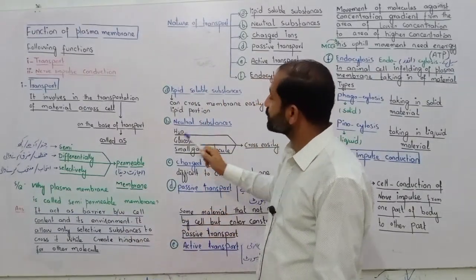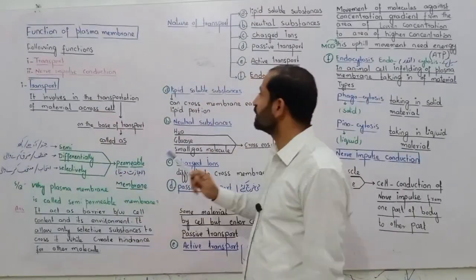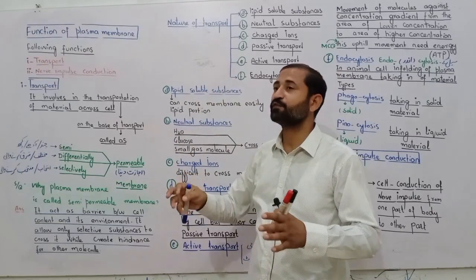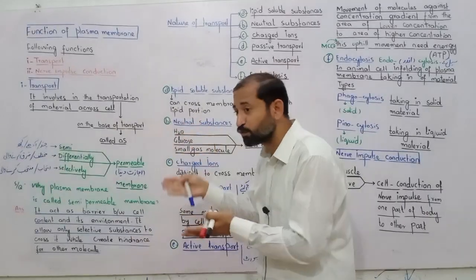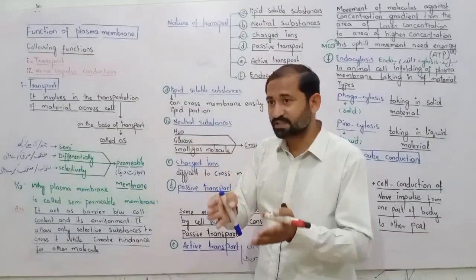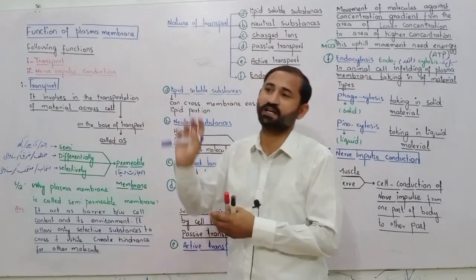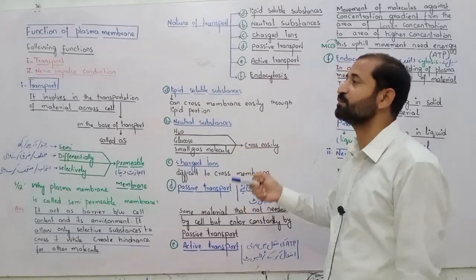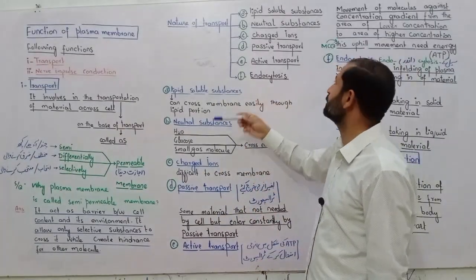That was the introduction of transport. Next, the nature of transport, meaning the different types of transport through which material is transported from outside the cell to inside, or from inside to outside. There are six different procedures through which material moves in and out of the cell through the plasma membrane.